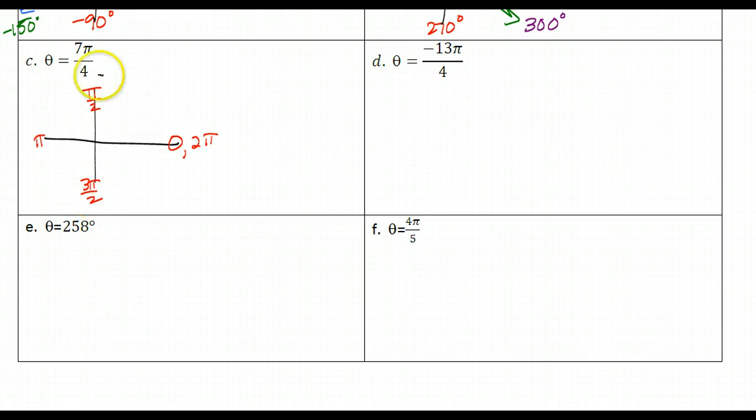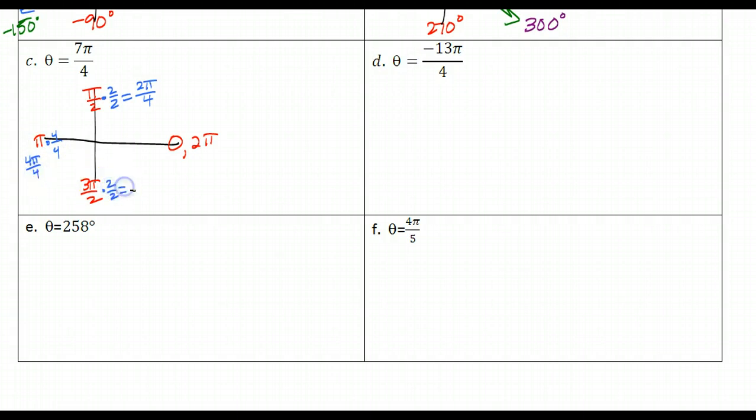So what I want to do is make a common denominator, and luckily 4 I can easily get as a common denominator with a 2 on the bottom because I'm going to multiply this one by 2 over 2. So pi over 2 is the same thing as 2 pi over 4. Pi is the same thing as 4 pi over 4.